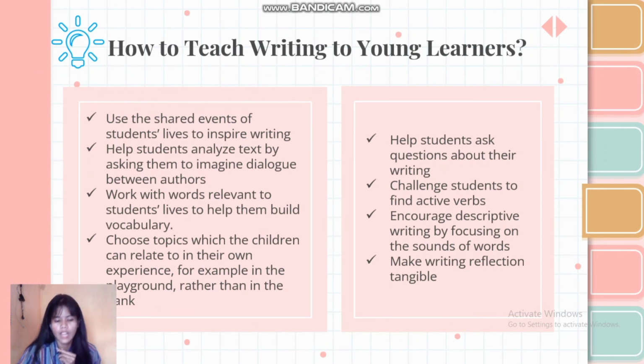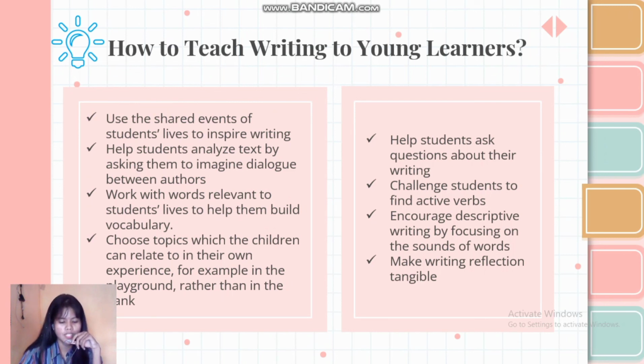This is how to teach writing to young learners. First, use the shared events of students' lives to inspire writing, and help students analyze text by asking them to imagine dialogue between the authors, and work with words relevant to students' lives to help them build vocabulary.